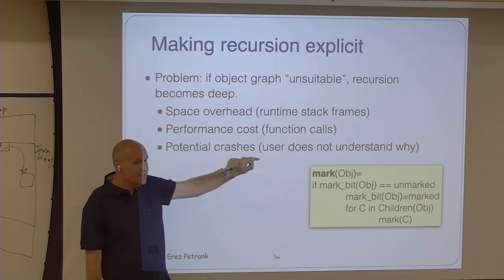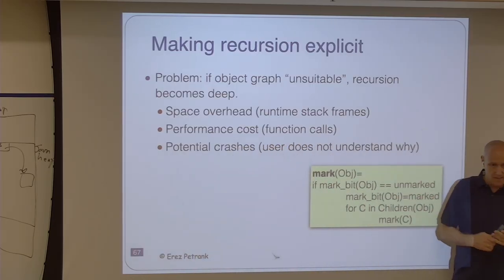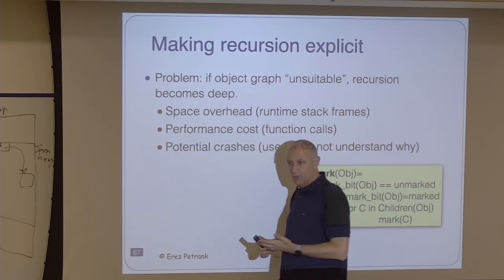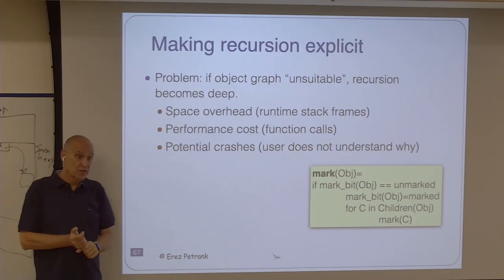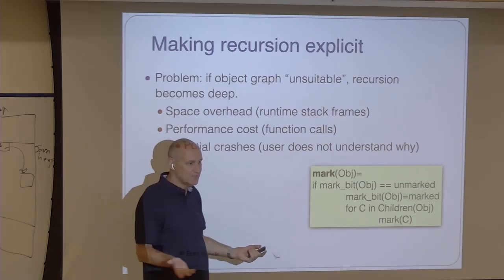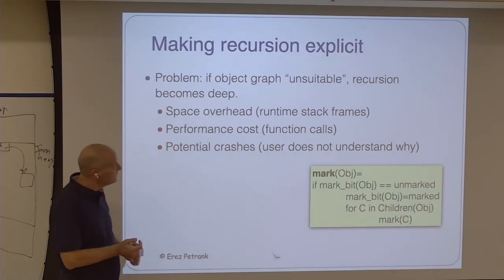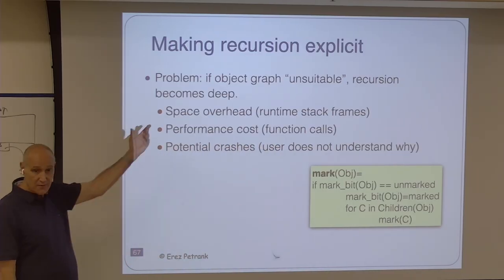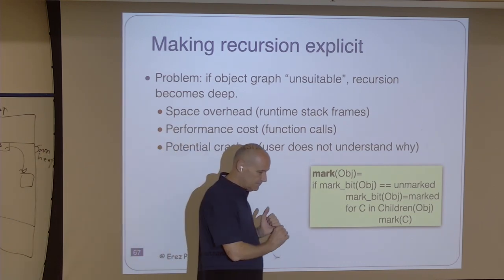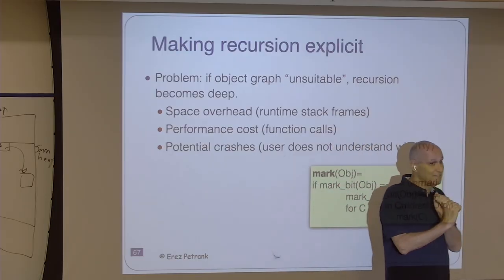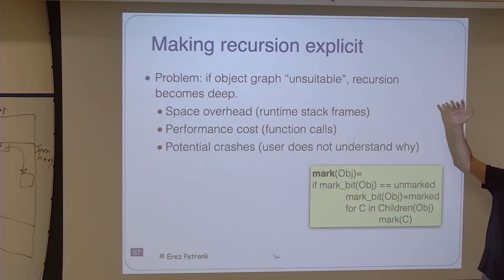So, making the recursion explicit. If you study Introduction to Computer Science or data structures, then you think of recursion as a beautiful thing that's really nice to use. But if in practice you try to do this for marking, where you traverse all these graphs, there could be bad graphs that will make your runtime stack become really, really large.